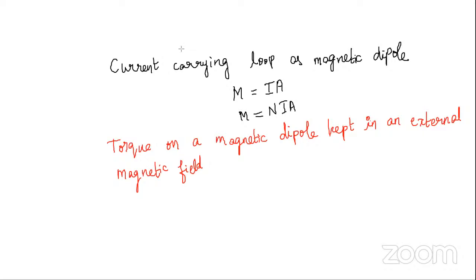So here you have the north pole of a magnet, and here you have the south pole of the magnet.